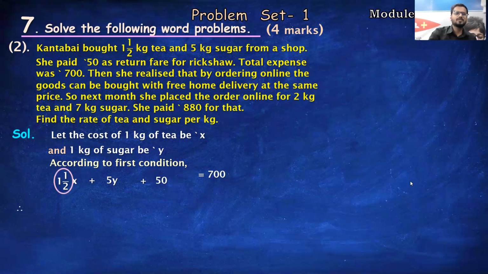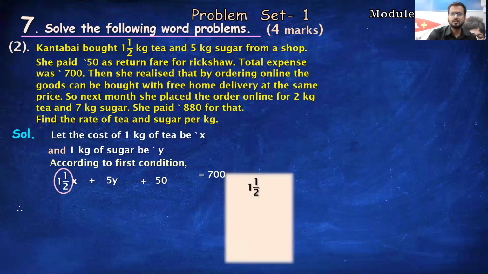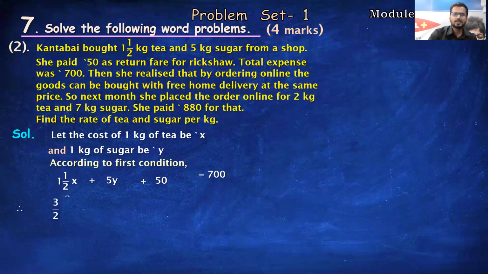Now students, if you observe, 1.5 is a mixed fraction. So how to convert a mixed fraction into a proper fraction? Just look at the rough work that I am doing. 1 into 2 is 2, 2 plus 1 upon 2, that is 2 plus 1 is 3, so 3 by 2. So 3 by 2x plus 5y, 50 you shift from left to right, it will become minus, so 700 minus 50, which is nothing but 650.